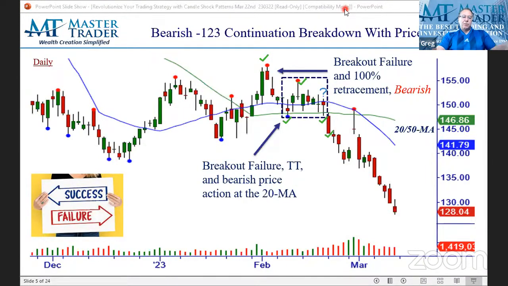So if we were talking about the gap course and how to put together a decision for the gap course, we'd be talking about a gap below a bottoming tail bar in the context of what preceded it. Now, where Dan's pointing out where it was a recommendation to subscribers was, hey, all of this stuff happened. And at the time, Dan posted this: bearish 1, 2, 3 continuation breakdown with a price void.